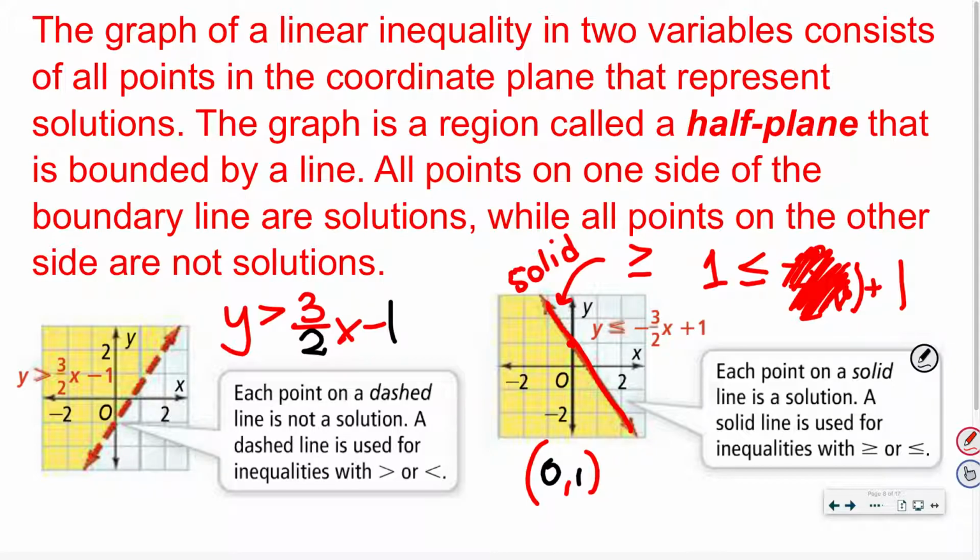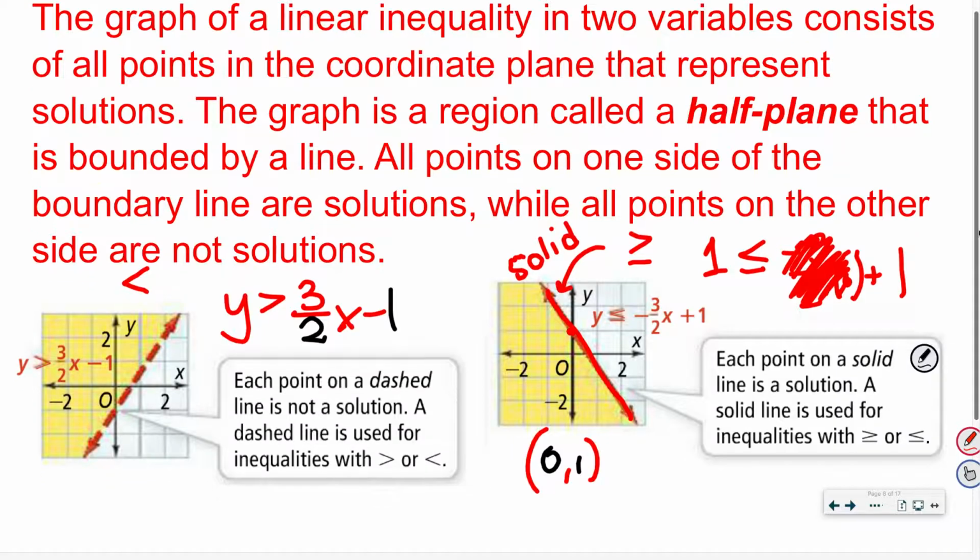But if we come over here to the less than or greater than symbol, these symbols would be represented by a dashed line, because if I substituted in 0 and negative 1, this point right here, so y is negative 1 and x is 0, is negative 1 greater than negative 1?